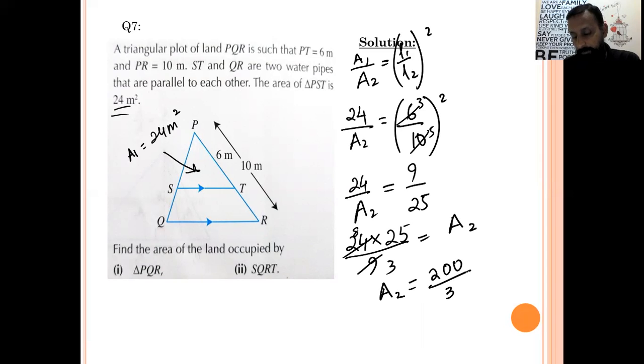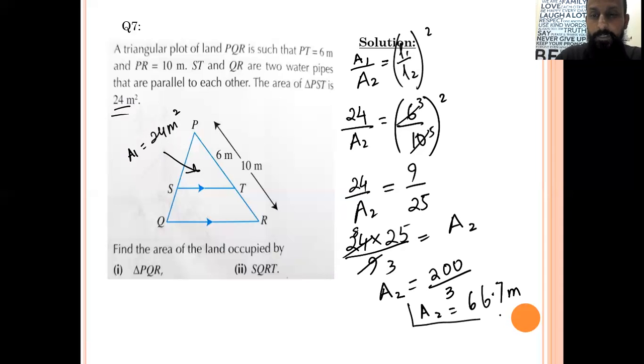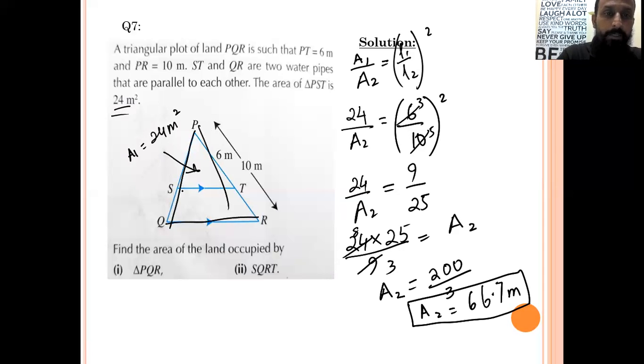It will be 66.6666. So you have A2 is equal to 66.7 meters square.